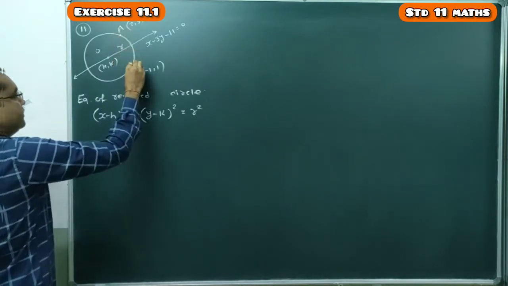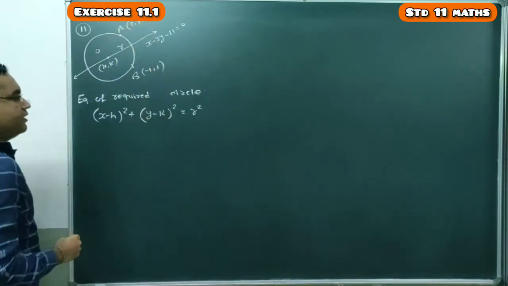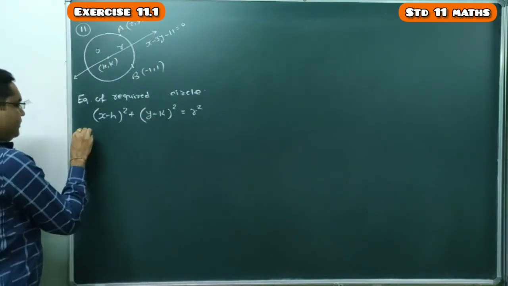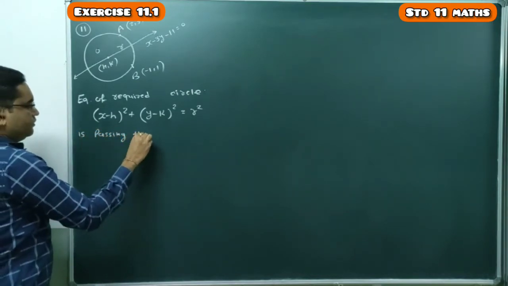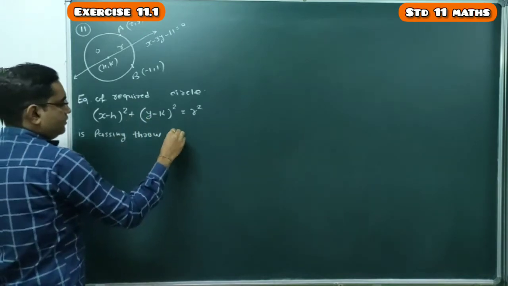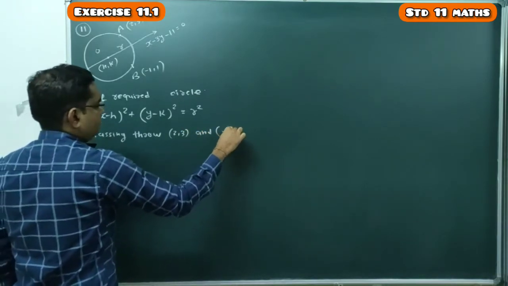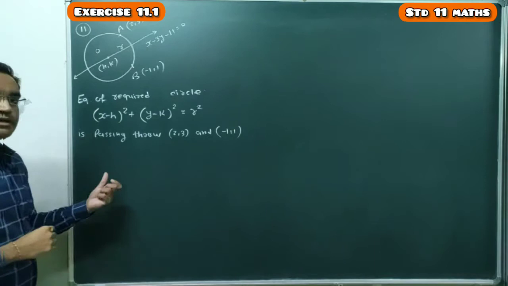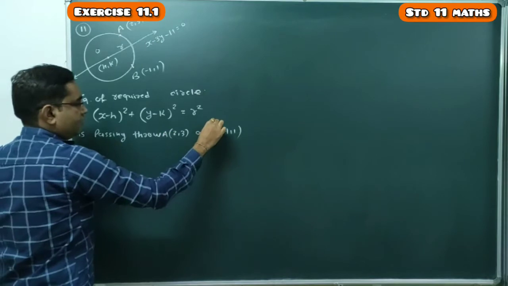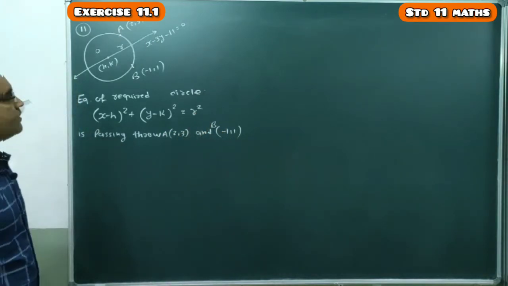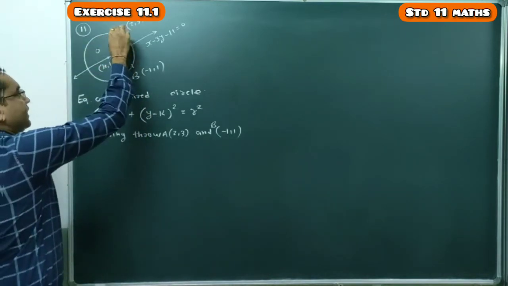We are given that our required circle is passing through these 2 points, 2, 3 and minus 1, 1. These 2 given points are A and B. So if the circle is passing through these 2 points, point A lies on the circle.